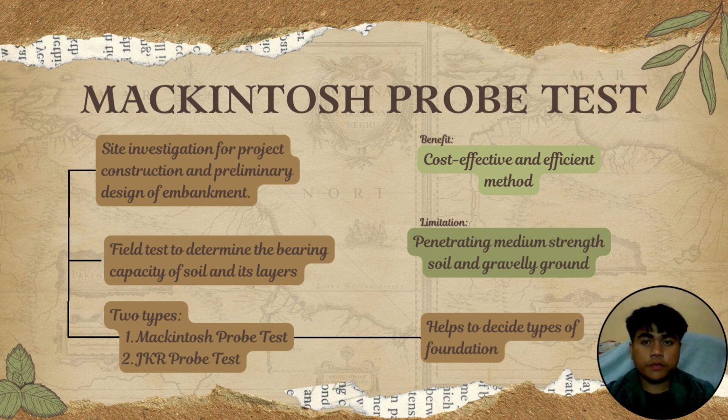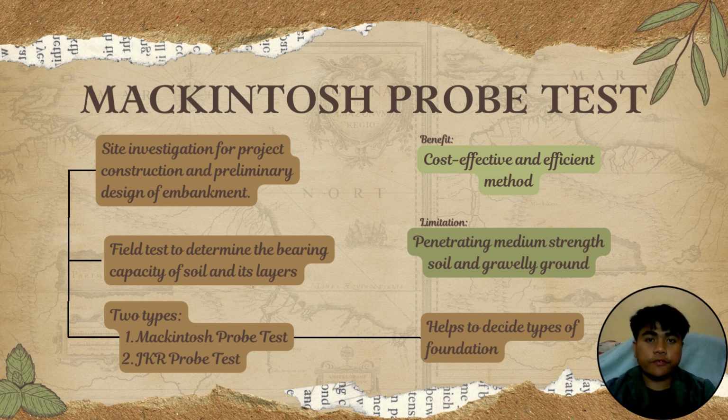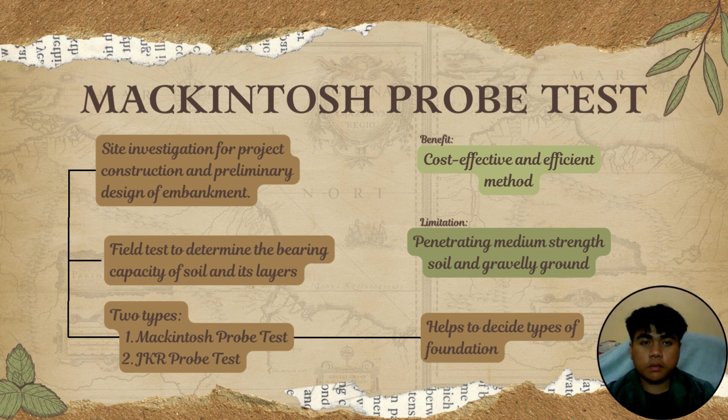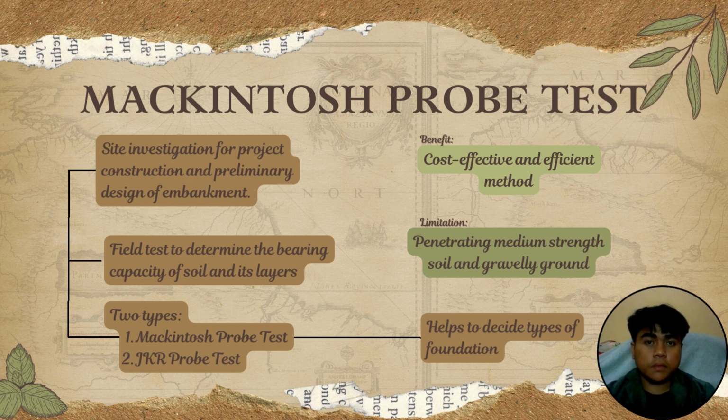Firstly, both standards differ in the length and the degree of the penetrator, with the degree of 30 degree for the Mackintosh prob test and 60 degree for JKR prob test, which make the standard more acute and shorter compared to Mackintosh prob test.